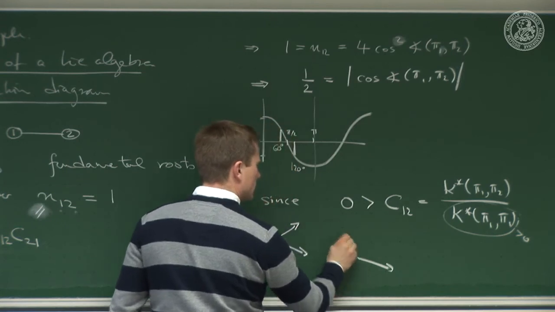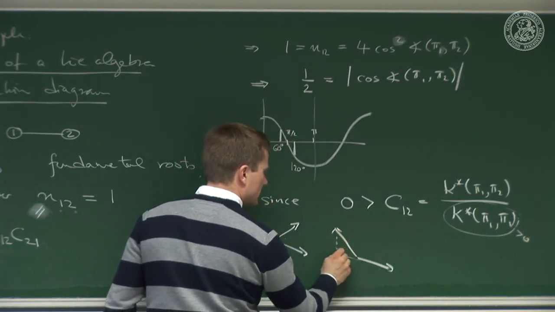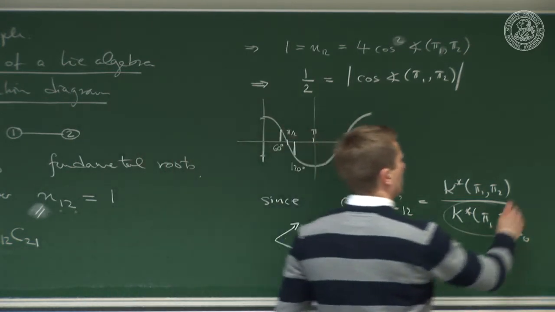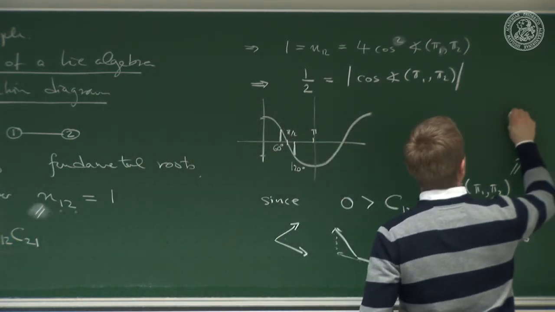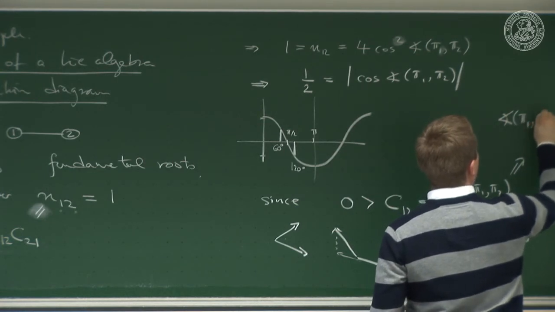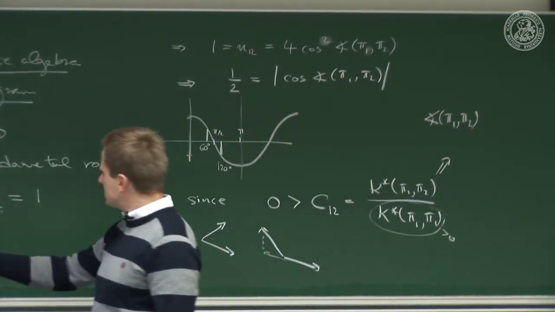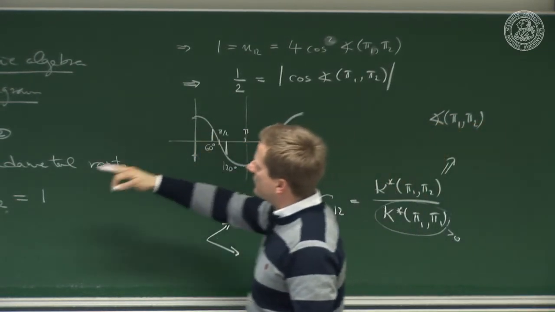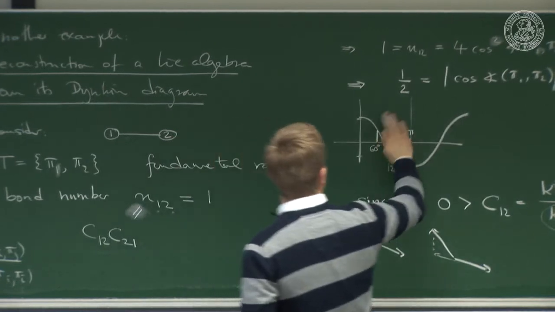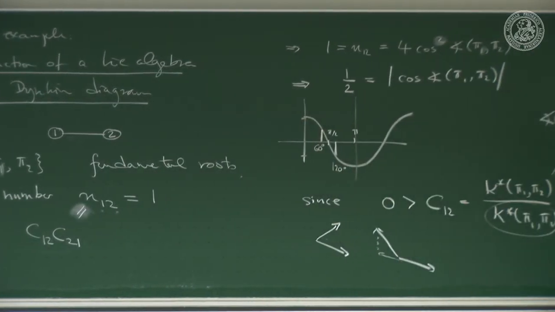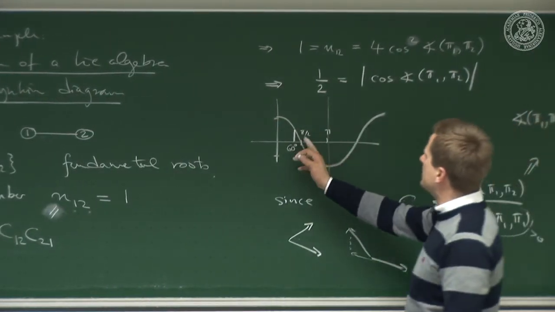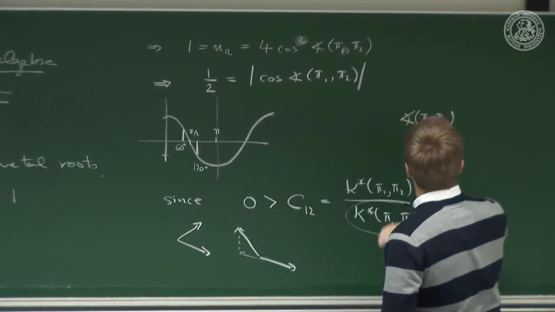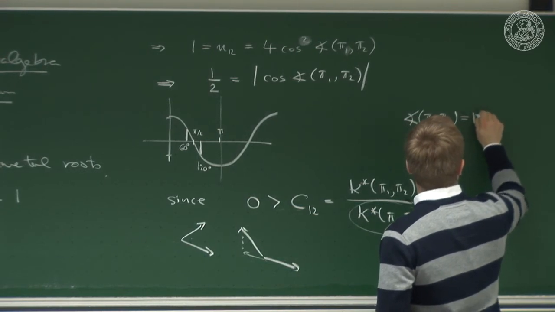The situation is 120 degrees, where the projection of one on the other is negative. So that means the angle between the two fundamental roots, and that's of course a general rule because the off-diagonal elements are always less than 0: whenever coming from a Dynkin diagram, you have to decide whether you have an angle less than 90 degrees or greater than 90 degrees. You pick the one greater than 90 degrees. You must pick it because of this sign. And so this is 120 degrees.